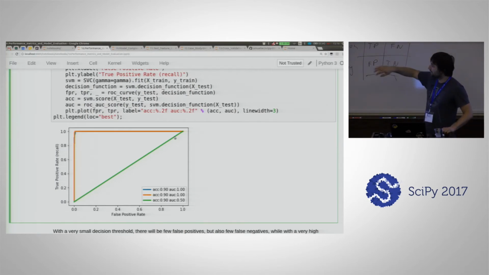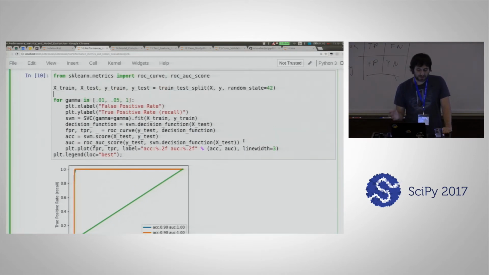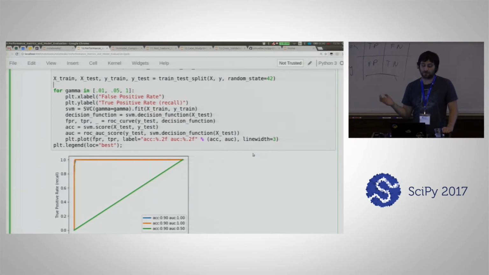So all of these three models have the same accuracy, but some of them have perfect AUC, and some of them have chance AUC. This tells you that AUC is a much finer-grained metric to assess how good the model is, in particular for imbalanced data sets. So it is 1 and 0.5.